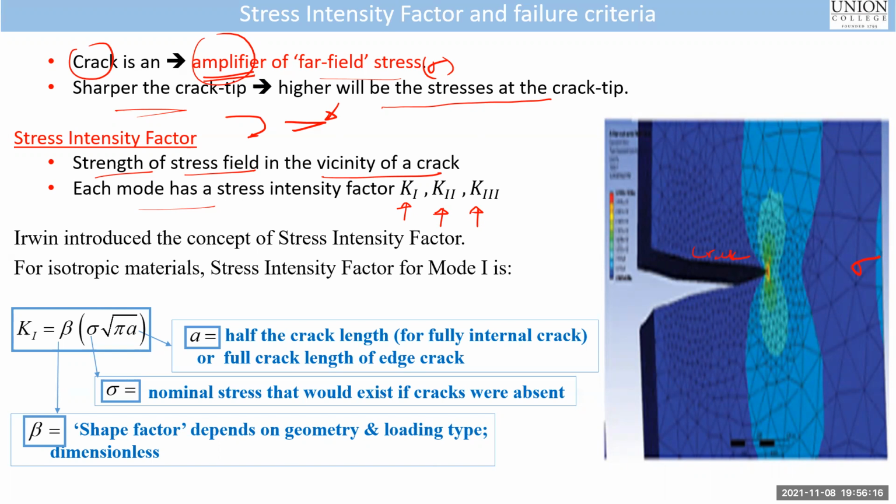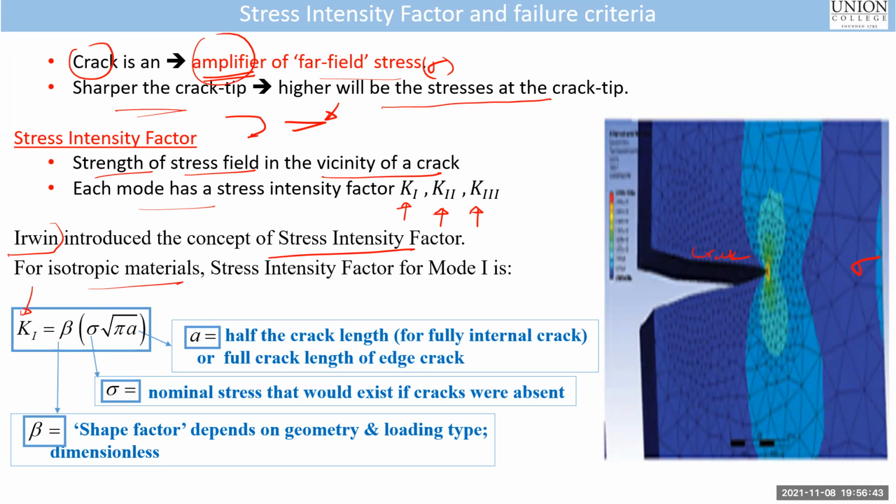And we just learned mode 1 is the most dangerous mode when tensile loading is applied. So usually we have a very good empirical relation given by Irwin for mode 1. For isotropic materials, the stress intensity factor for the first mode is given by beta times sigma root pi a.